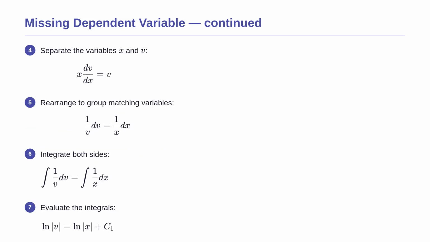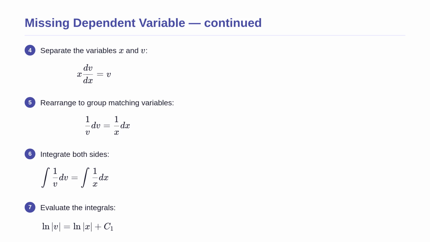Continuing with our transformed equation, our goal is to isolate the derivatives and group the matching variables together. We start by adding v to both sides, separating it from the derivative term. Then, we divide to gather all v terms on the left and all x terms on the right.